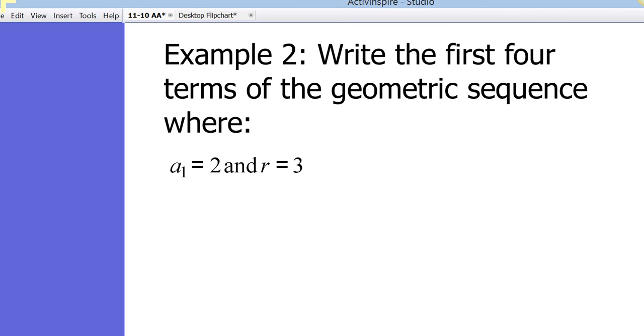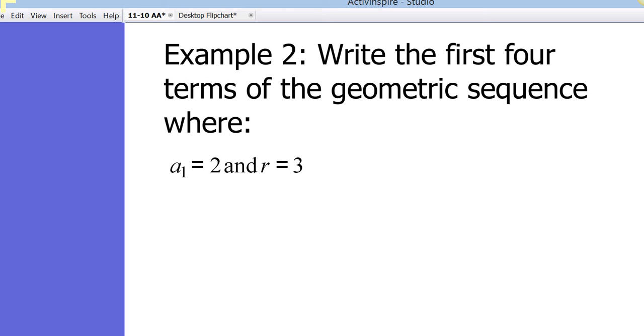Write the first 4 terms of the geometric sequence where a sub 1 equals 2 and r equals 3. Okay? So, what does a sub 1 mean? First term. So, 2 is the first term, kind of like 2 is the first term right here.